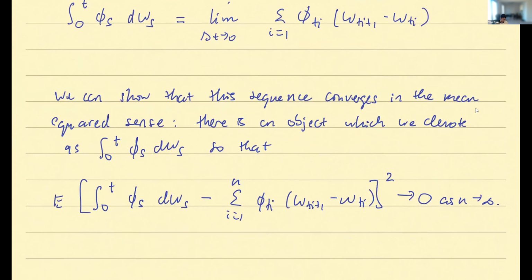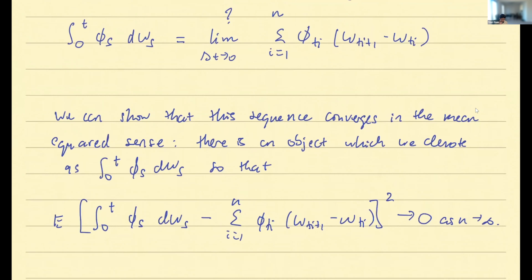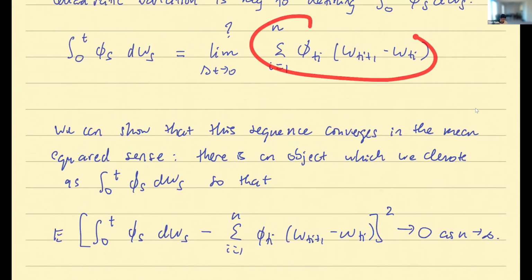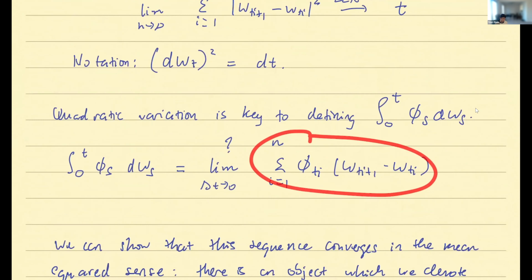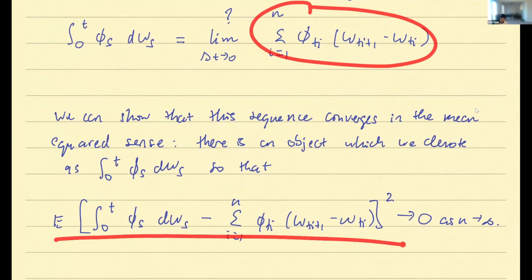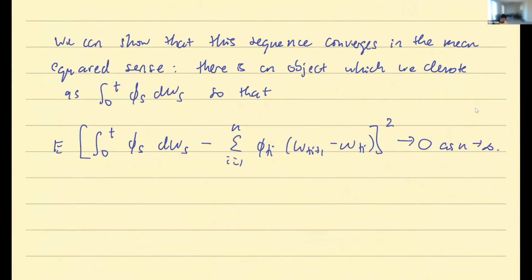But let me tell you the essential points. What I want to say is, the convergence here makes sense, but only when you pass through the quadratic variation, in the mean square sense. Sorry, I'm not doing a good job here, but this point is really tricky. So let me not go too deep into it. But let me tell you the important points like this.